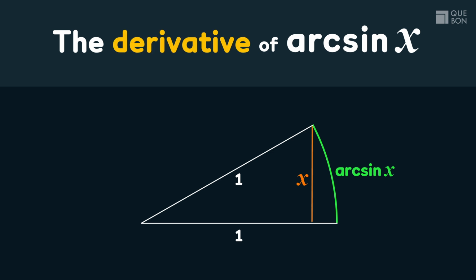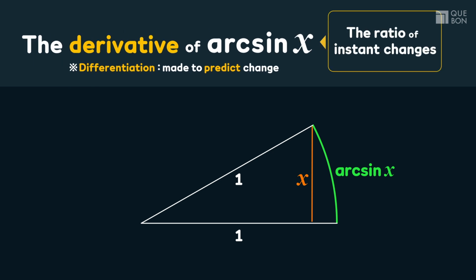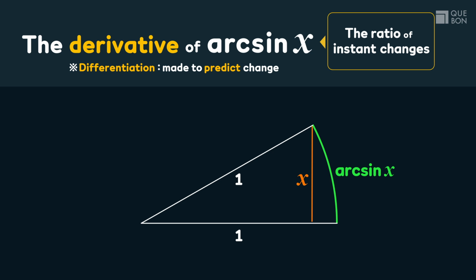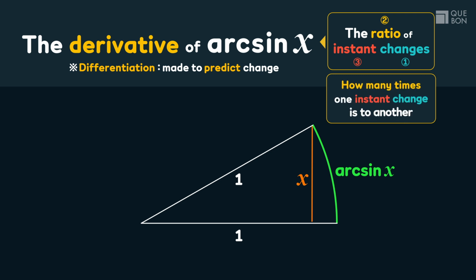To differentiate means to understand change. When you hear differentiation, 3 words should instantly come to mind: change, ratio, and instant. That's the ratio of instant changes. In other words, how many times the instant change of one thing compares to the instant change of another. That's what a derivative is.